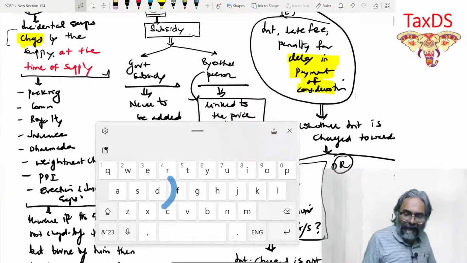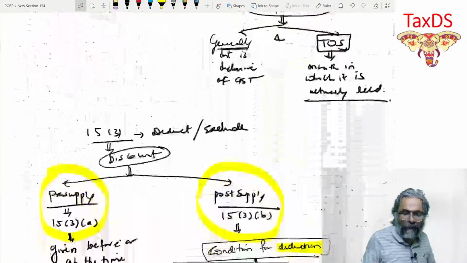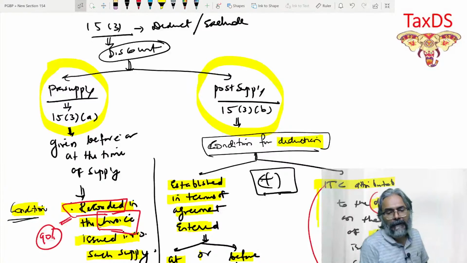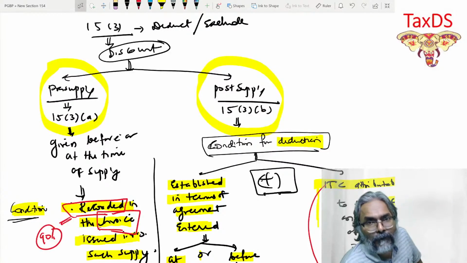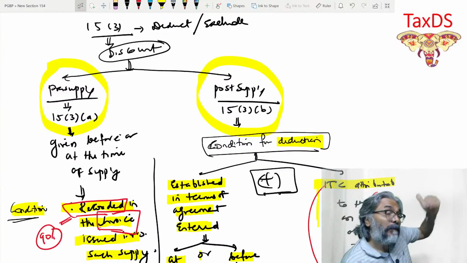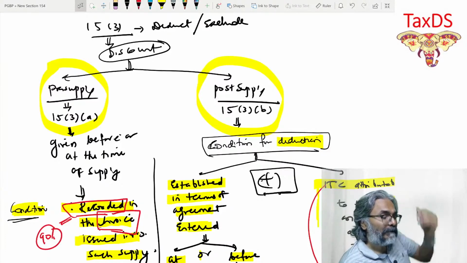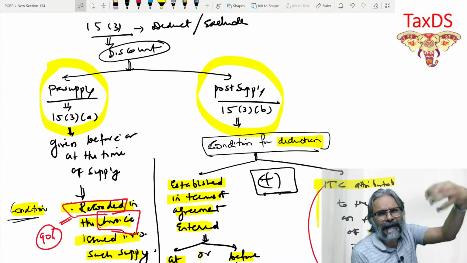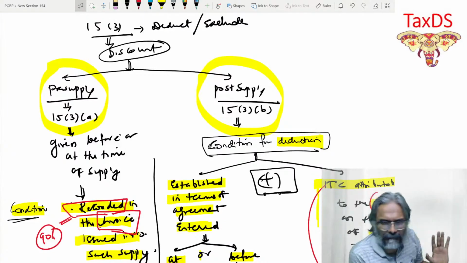The 15.3, students, which I also have discussed with you, is one thing you will keep in mind: 15.3, deduct or exclude the discount. Now the discount is of two types. One is the pre-supply discount, another is the post-supply discount. Pre means at the time of supply itself, the discount is given by whatever name called.